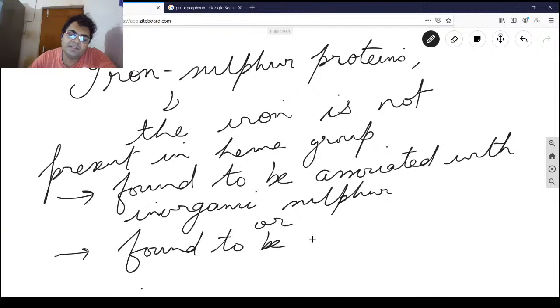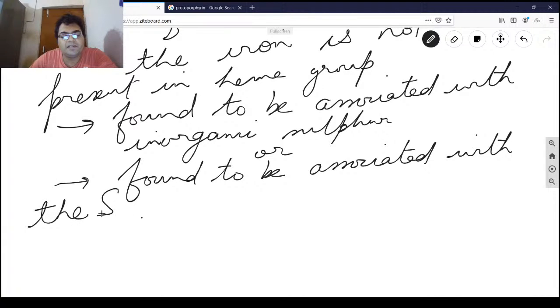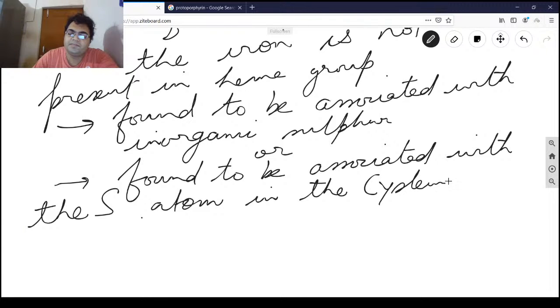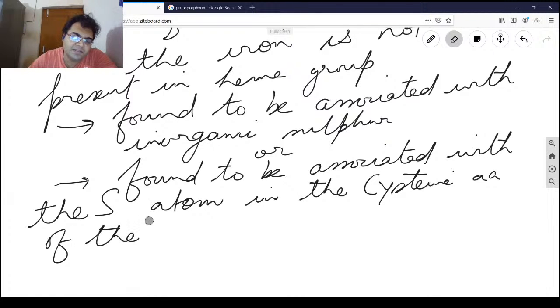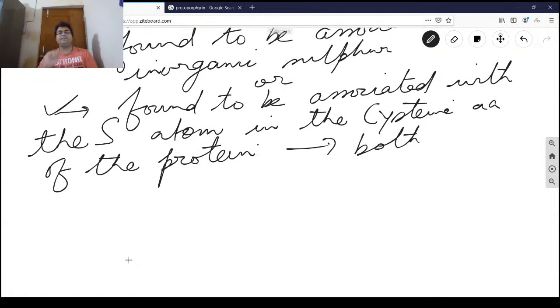Both these cases can occur. One of the exceptions to this rule is the very important protein known as the Rieske iron sulfur protein, named after the discoverer John S. Rieske.